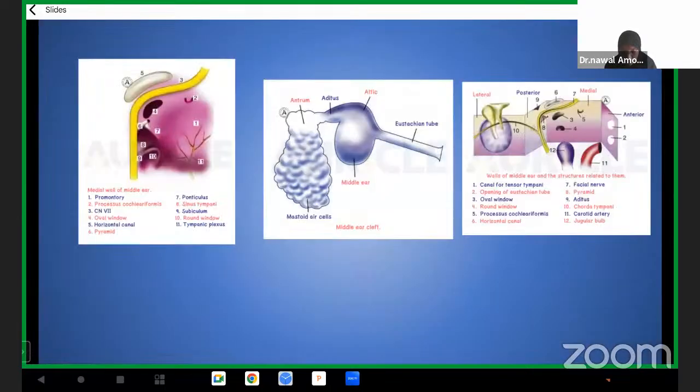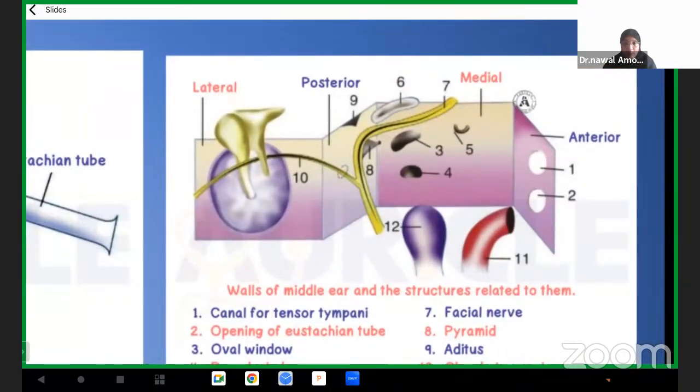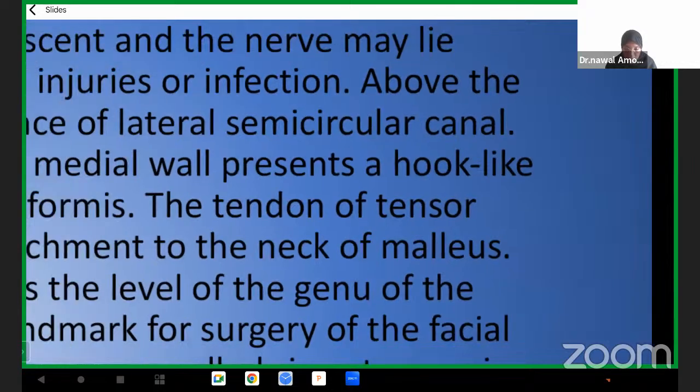Here we have a diagram, if you can see. This is how we'll have it. The upper part is epitympanum, the middle part is mesotympanum, and the lower part will be hypotympanum.